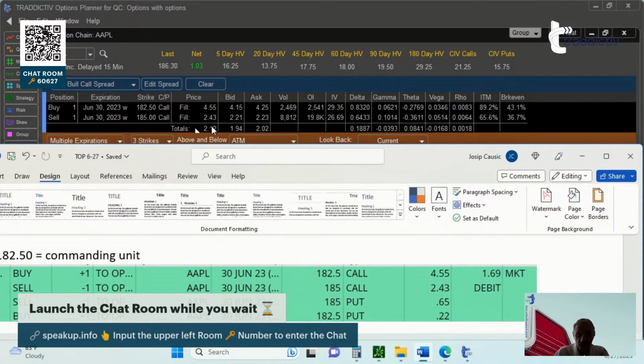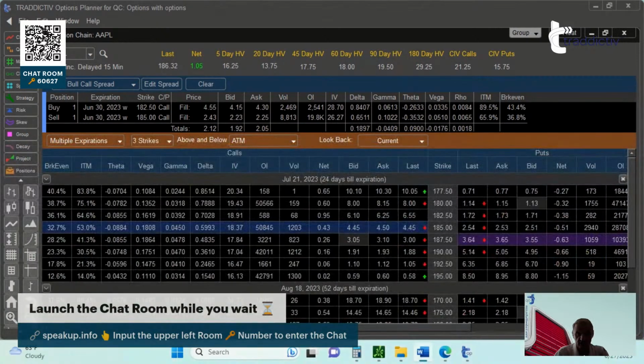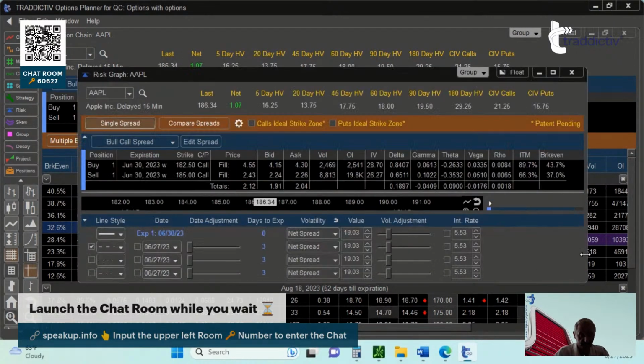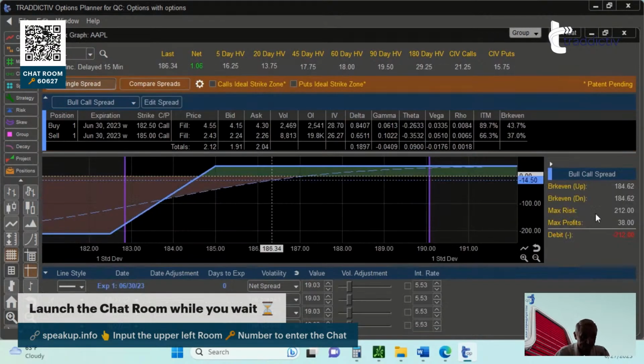So if I did the bull call by itself, my risk to reward on that would be pathetic. Well, not pathetic. I mean, it would be only 38 cents. Why would it be 38 cents? Because when you add the 38 cents on top of the 2.12, you get 2.50, which is the width of the spread.